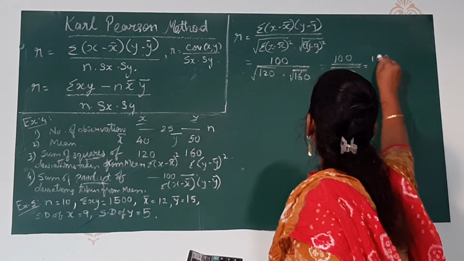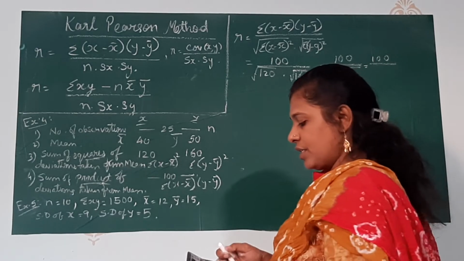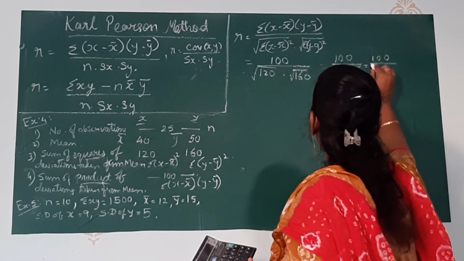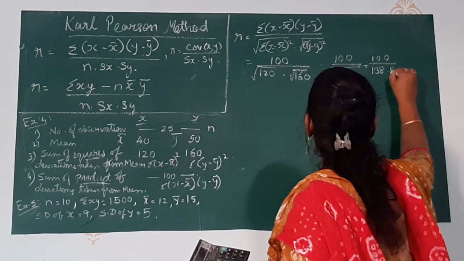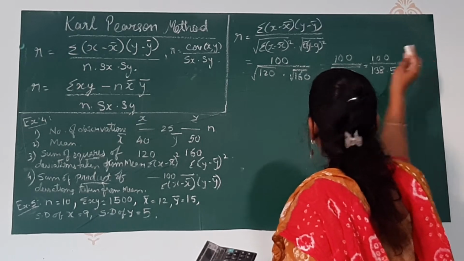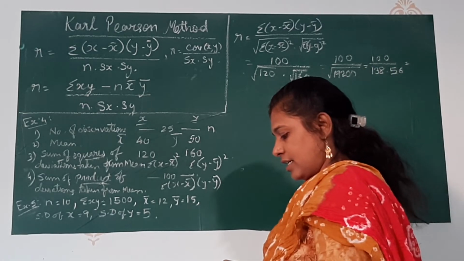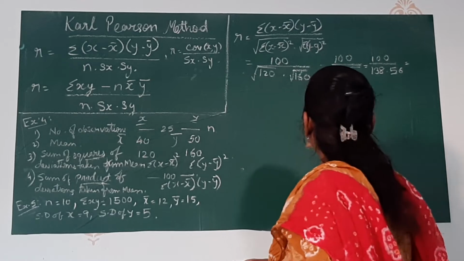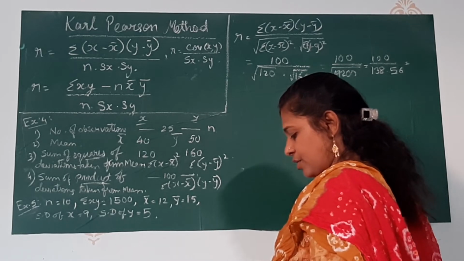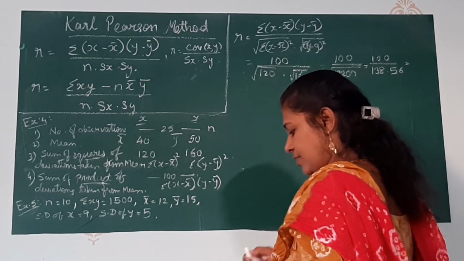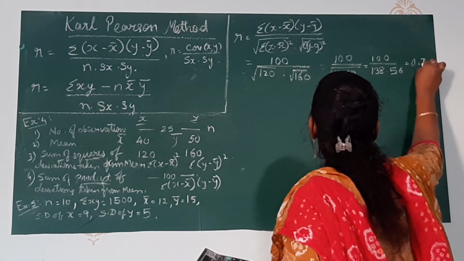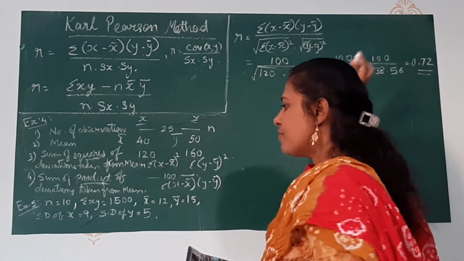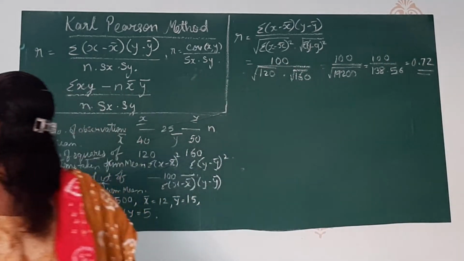So 100 upon root of this, which will be 138.564. So we take 138.56, and 100 divided by 138.56 gives 0.721, that is 0.72. This will be our final answer.